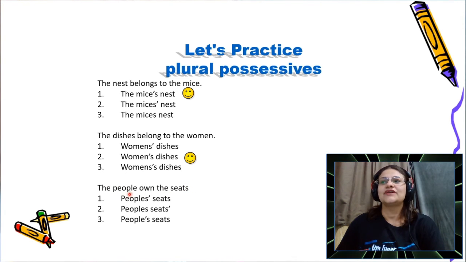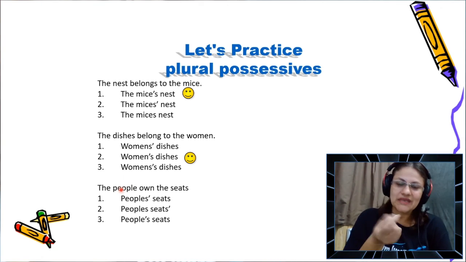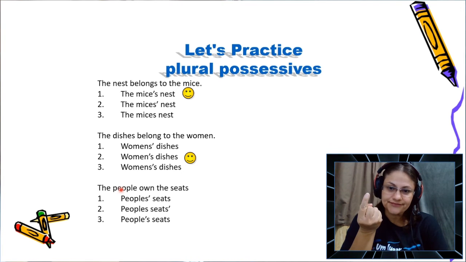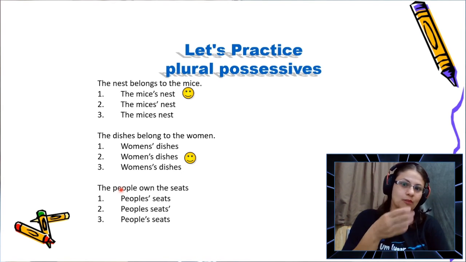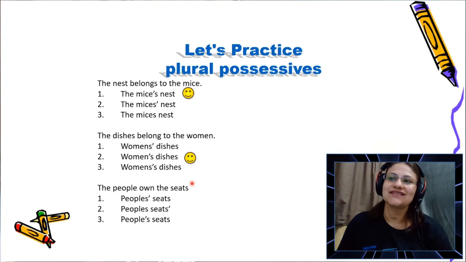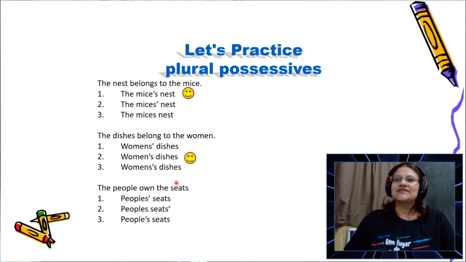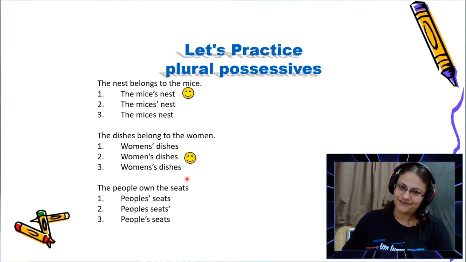Okay, the people own the seats. Guys, we have here a mix of two words in plural. Here, a regular plural, I just add the S. Here, people is the plural of person. When I have one person, or two or more, I say people. So in this case, the people possess the seats.